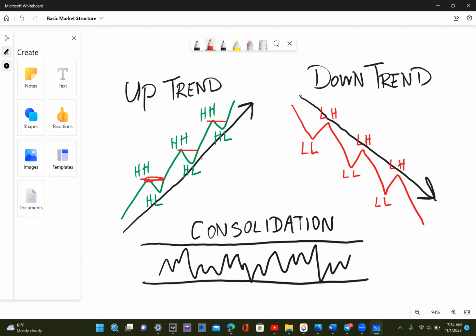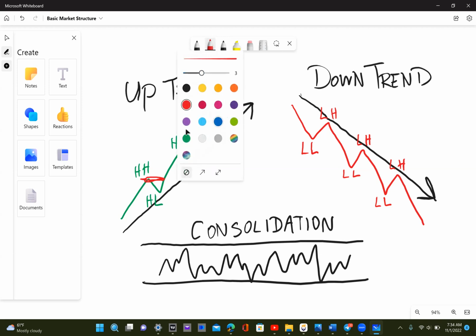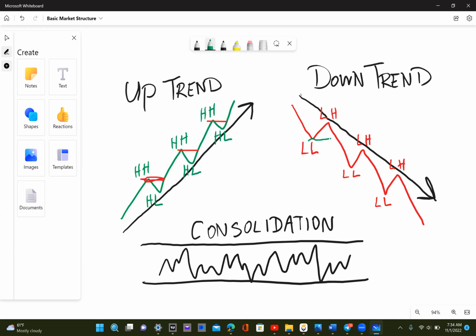The higher lows get taken out coming down in the downtrend over here. So as you can see, we have a downtrend. On a downtrend, you're going to start up here, make a low, then a lower high. When this lower high comes down and breaks this lower low, that's called a break of structure, just like on this side.